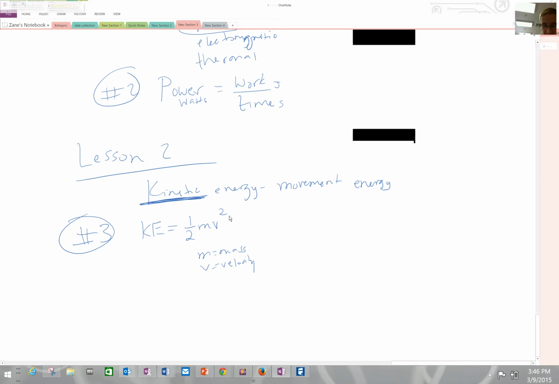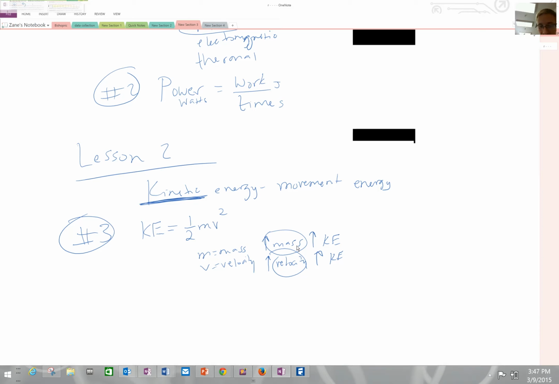So the bigger our mass gets, the bigger our kinetic energy gets. Similarly, the faster an object is going, the bigger its kinetic energy. So those two things, mass and velocity, both directly influence kinetic energy.